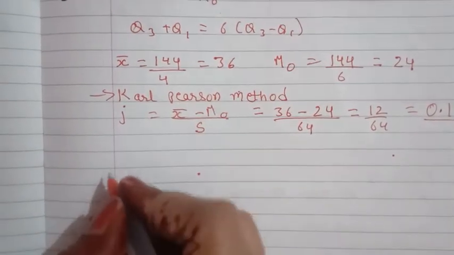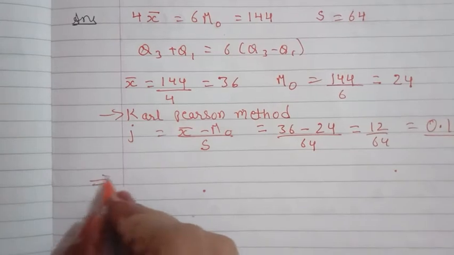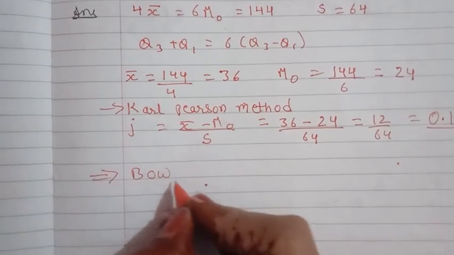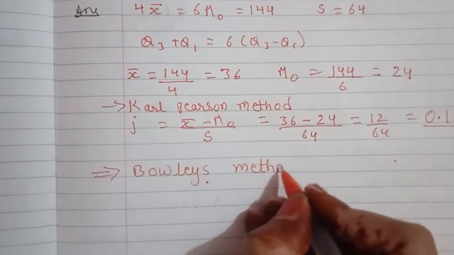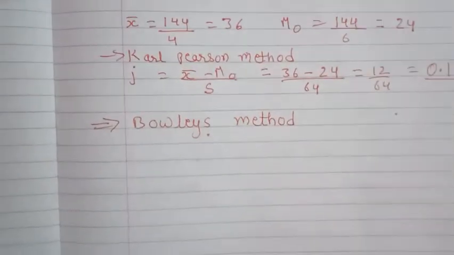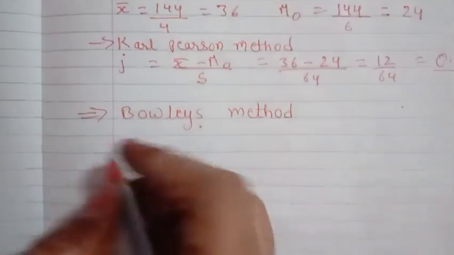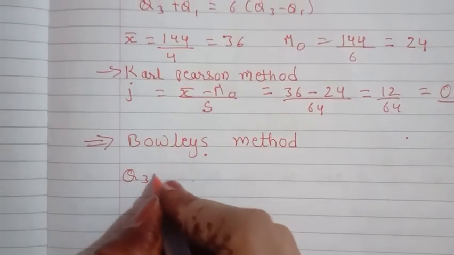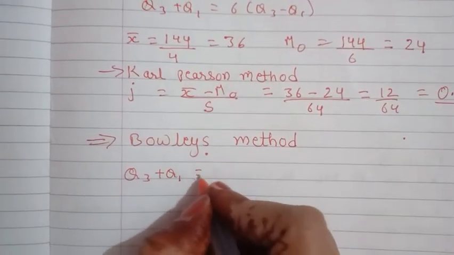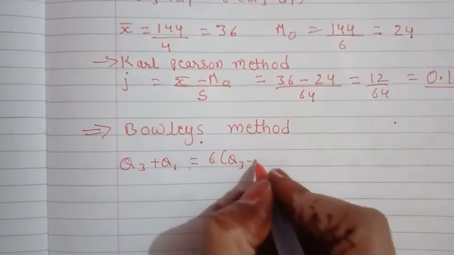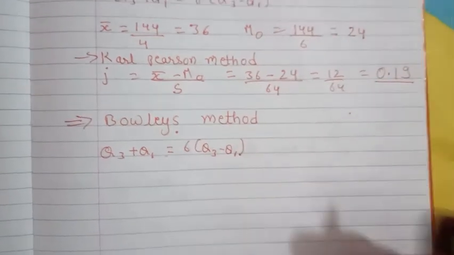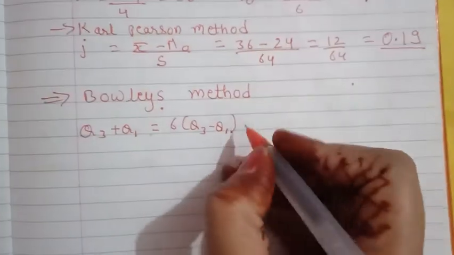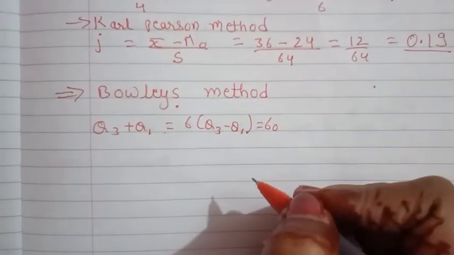Now I'll find out by Bowley's method. So the thing which is given is Q3 plus Q1 is equal to 6 Q3 minus Q1, is equal to 60.